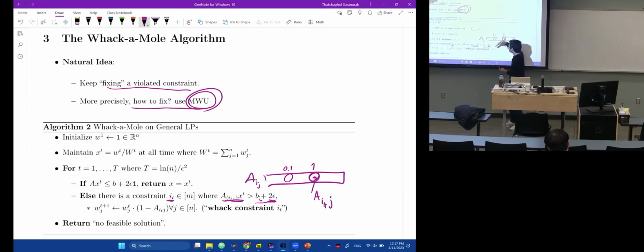So what you want is to decrease x on the coordinate j quite a lot. If this guy is big, you decrease the weight quite a lot. If it's small, then you don't increase that much. If it's even negative, then you can increase it. But for each coordinate that is big, you decrease x a lot.